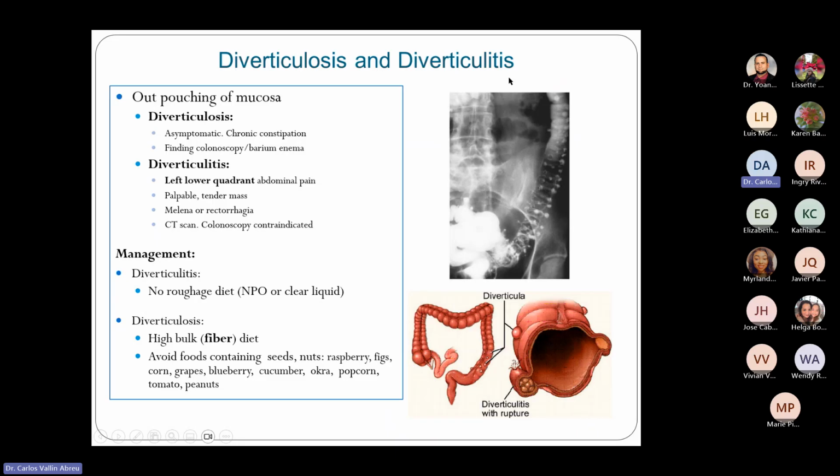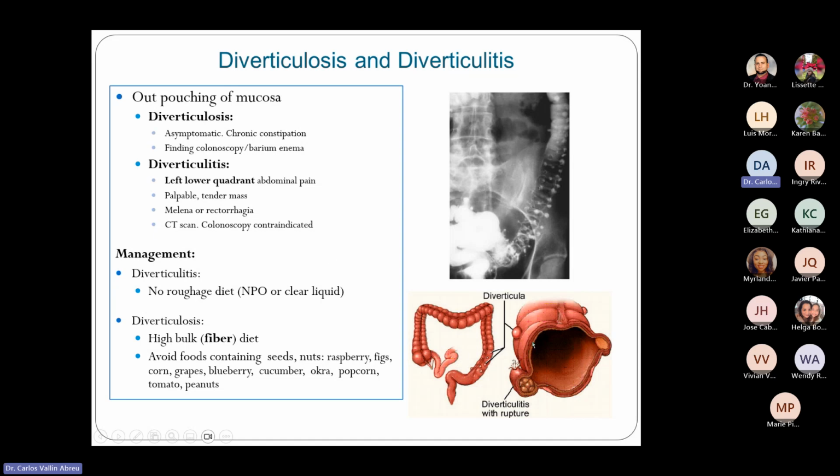Diverticulosis and diverticulitis are manifestations of the same disease. Diverticulosis is the most common condition in older people and is a consequence of chronic constipation. Diverticulosis is asymptomatic, no symptoms, and is found during colonoscopies for screening of cancer or barium enema.